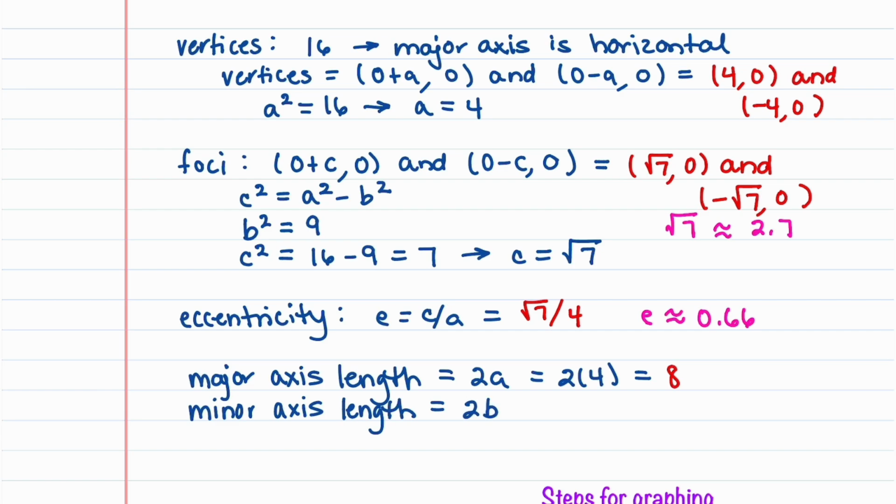This is equal to 2b, which is 2 times b, which we actually didn't calculate. So let's go back up here. I'm looking right here. This is going to tell us that b is equal to 3. We're just going to take the square root. Now we can go back down and plug that in. 2 times 3 is equal to 6.